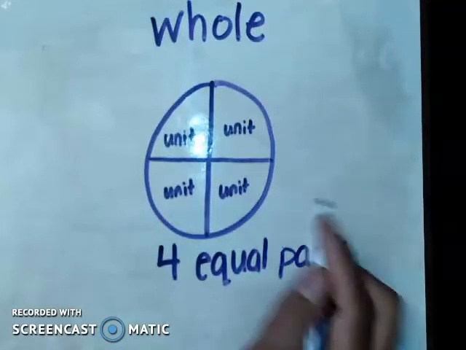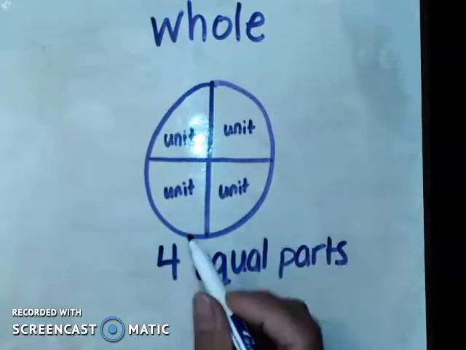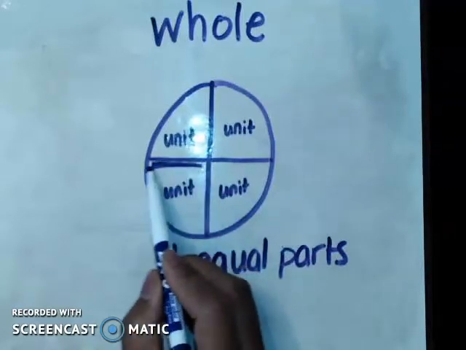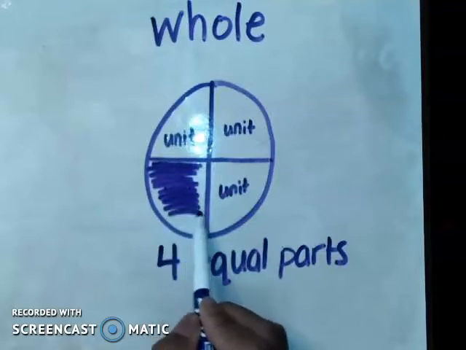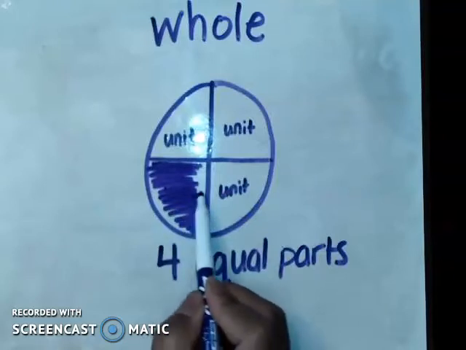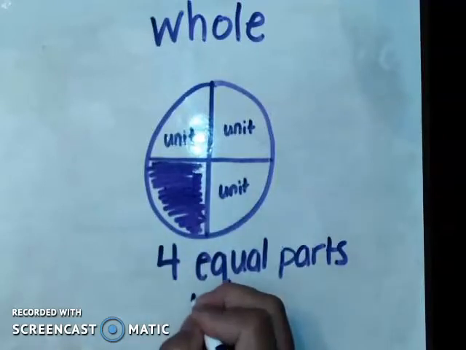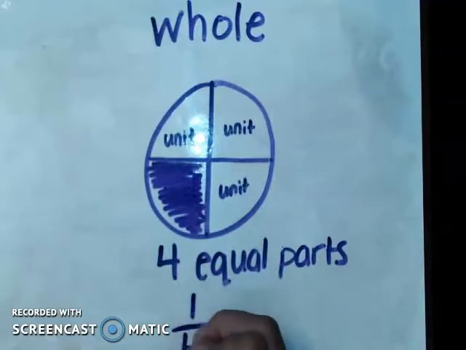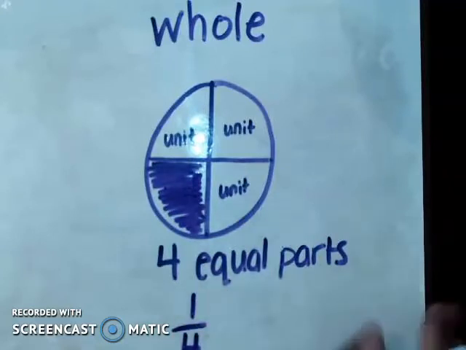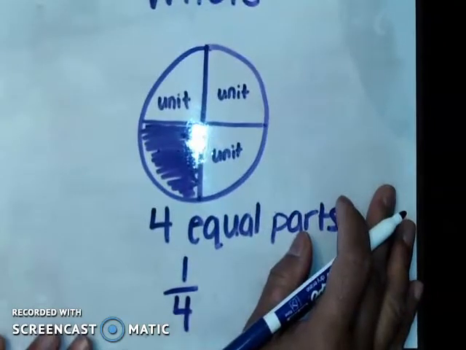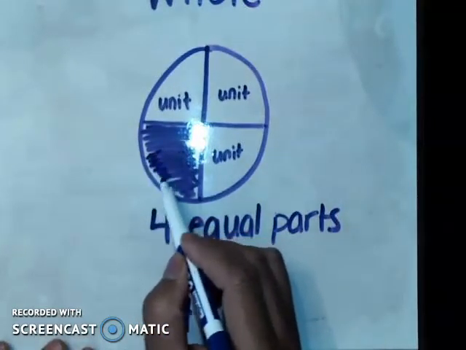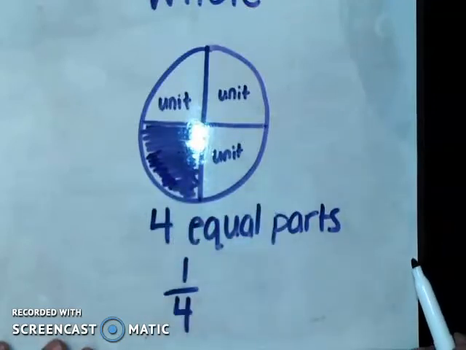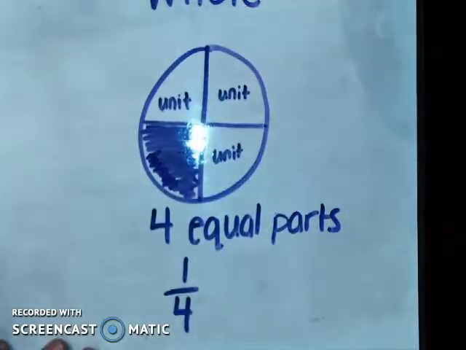And if I were to shade just one part or one unit, I call that 1/4. Okay, and let me kind of scoot this up here. I call that 1/4. That is just one piece that I've shaded. Okay, one piece or one unit.